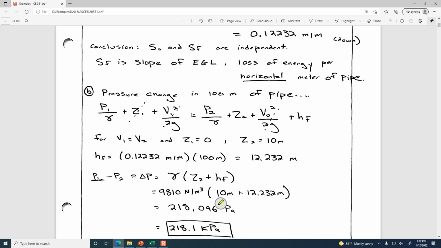So I'm just rearranging this equation to isolate on the left-hand side P1 minus P2. That change in pressure is going to be gamma multiplied by the elevation difference, Z2, plus the energy loss due to pipe friction. So those are the two reasons why the pressure is going to be lower downstream.